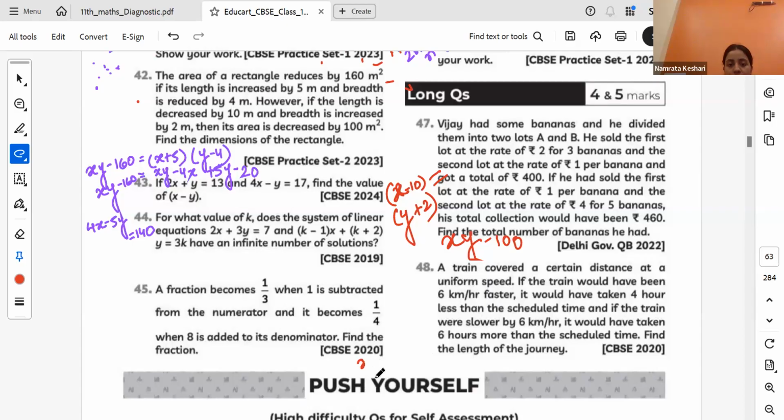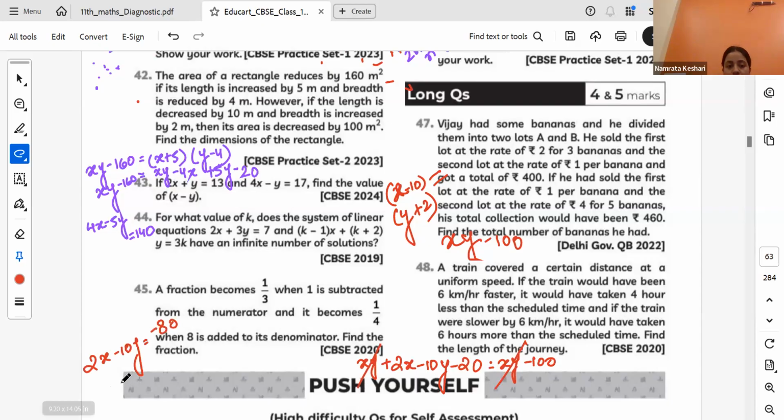We'll be getting xy plus 2x minus 10y minus 20 is equal to xy minus 100. So 2x minus 10y is equal to minus 80.